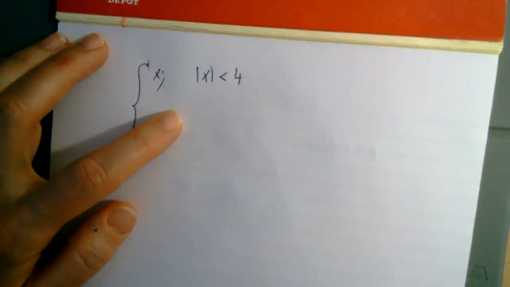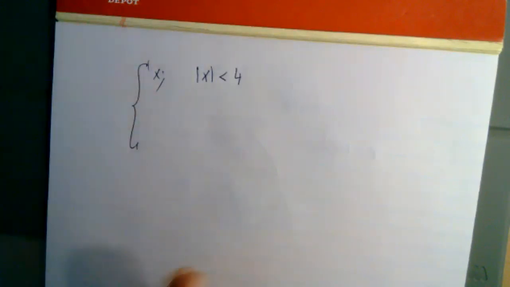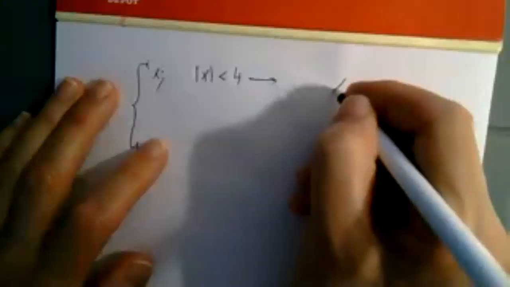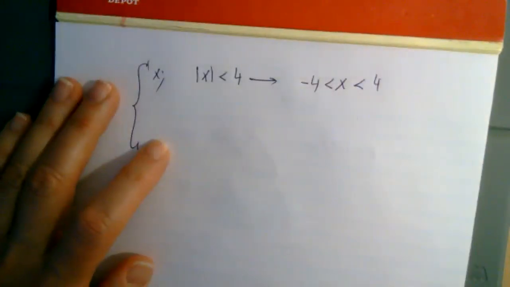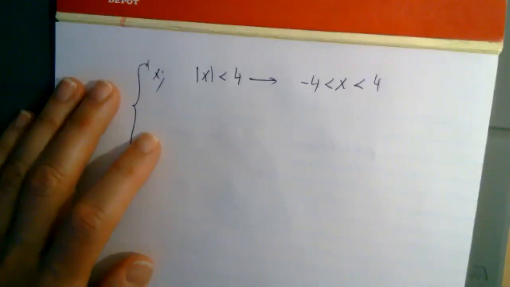Suppose absolute value of x is less than 4, and I ask you to find all x's such that absolute value of x is less than 4. We talked about that. If the absolute value of x is less than 4, it means x has to be between -4 and 4. That's where x has to be.